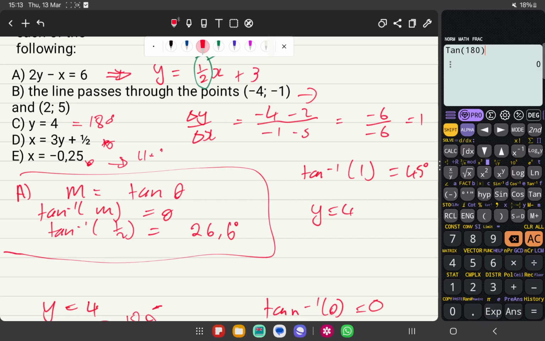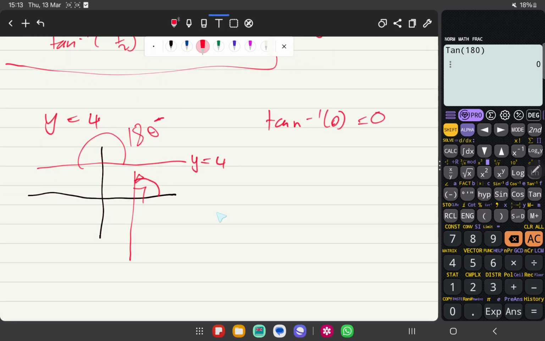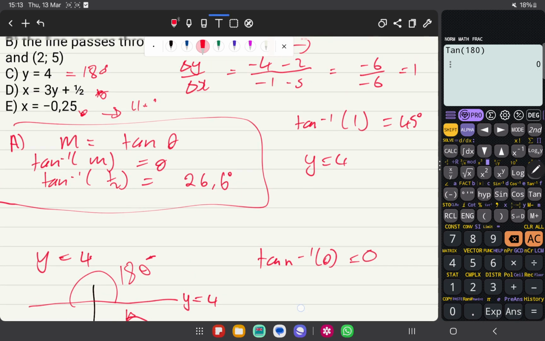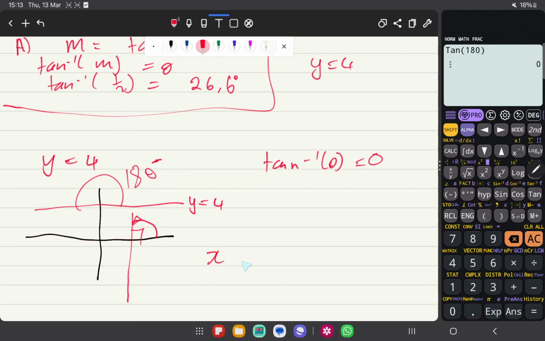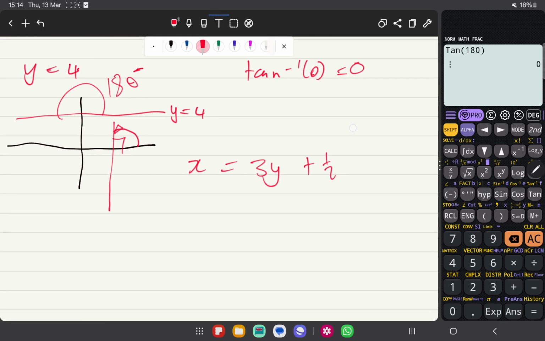And then for D, I'm just gonna rearrange it for you. For D you have x equals 3y plus half. Let me just solve it.